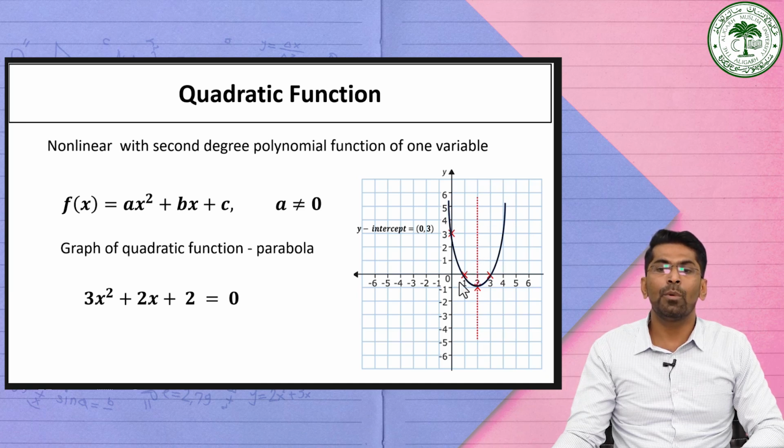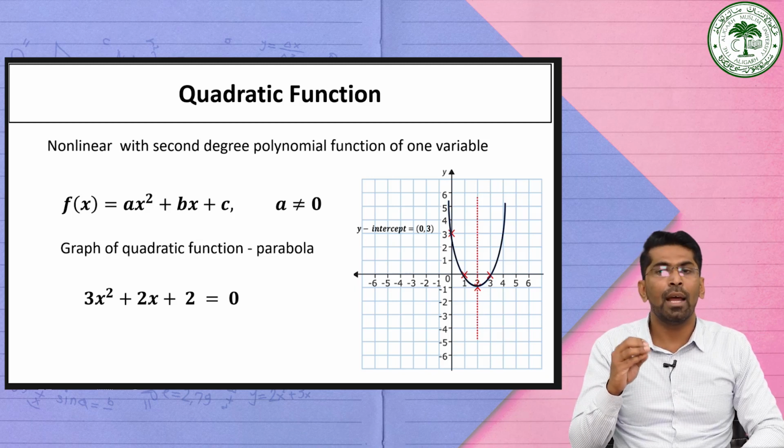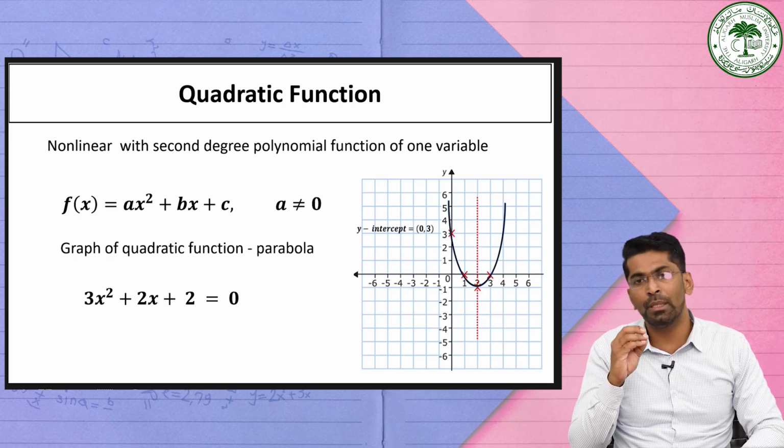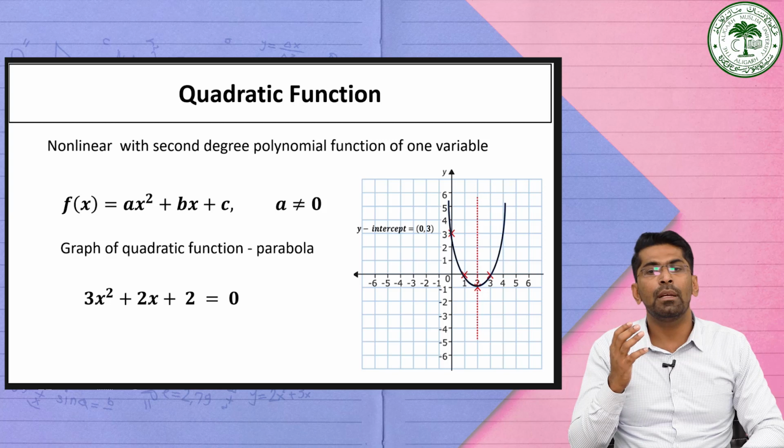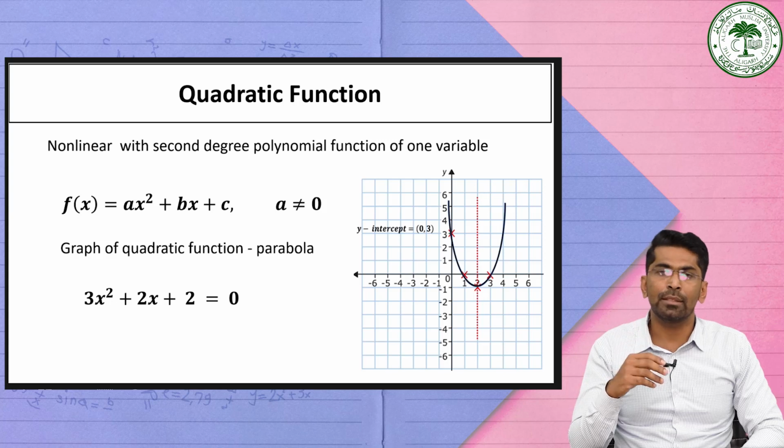So here the exponent of x is equal to 2. We can say that it is a quadratic function. There are various methods to solve a quadratic function, like the factorization method, the quadratic formula, or the completing the square method, and many others. We will discuss these methods in the upcoming classes.